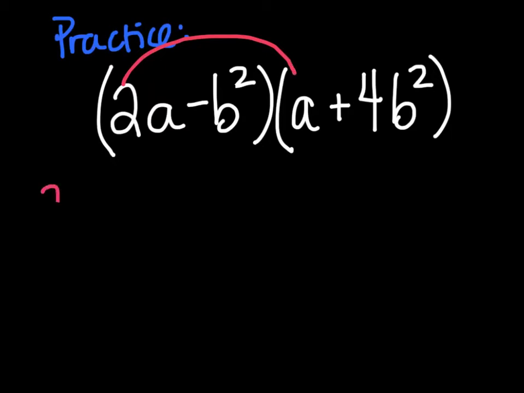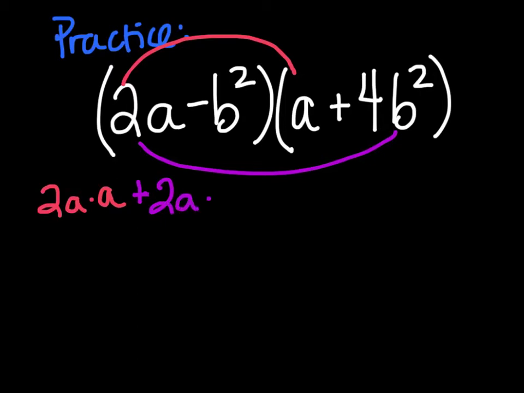We have 2a times a, and I'm going to write this all out as simply as I possibly can. Then we have our outside terms, so I'm going to add 2a times 4b squared.